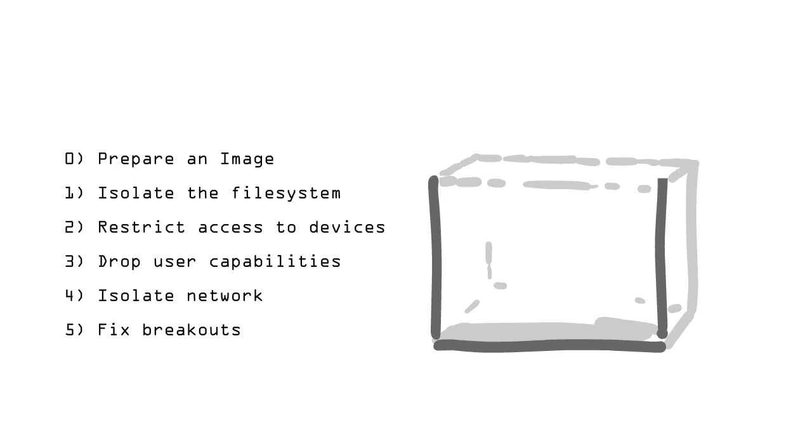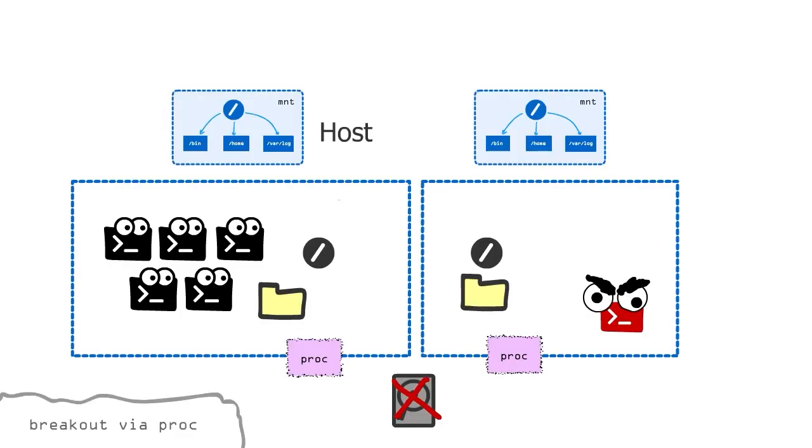But before that, let's have a look at one escalation technique we can use because we have a high privileged user within the container. We have removed the device control and the device access, but what we see is that the processes share a common file system, the proc pseudo file system.